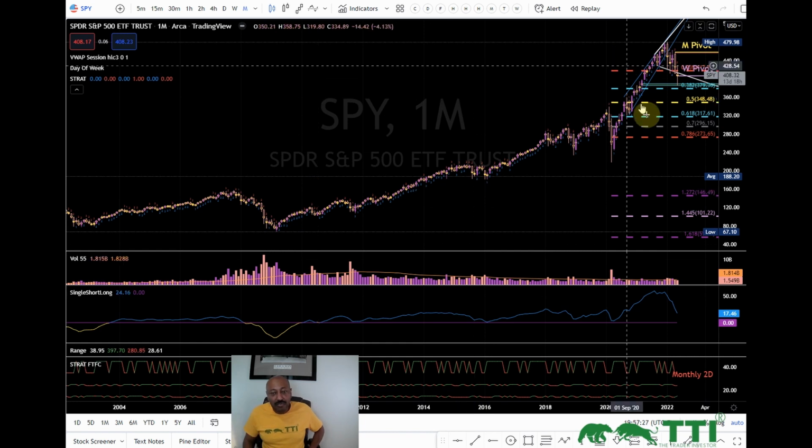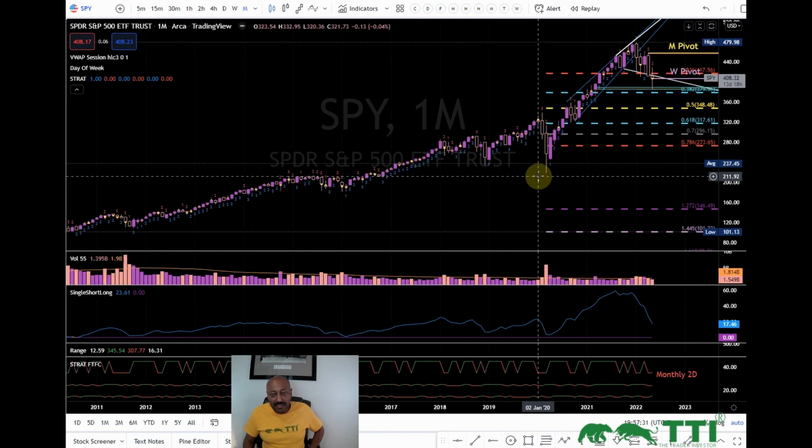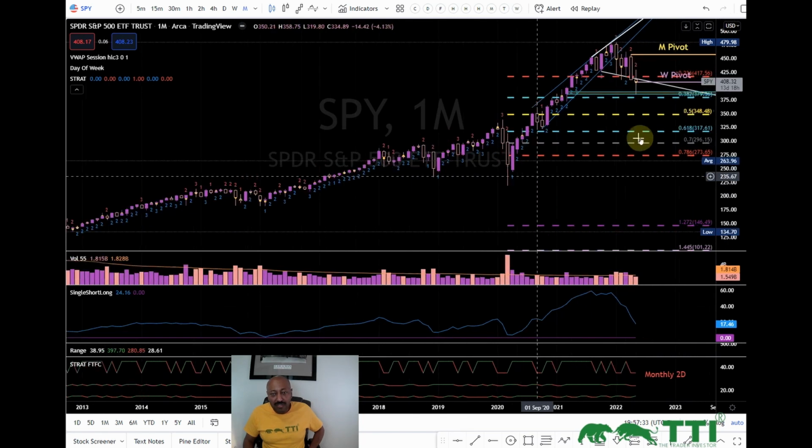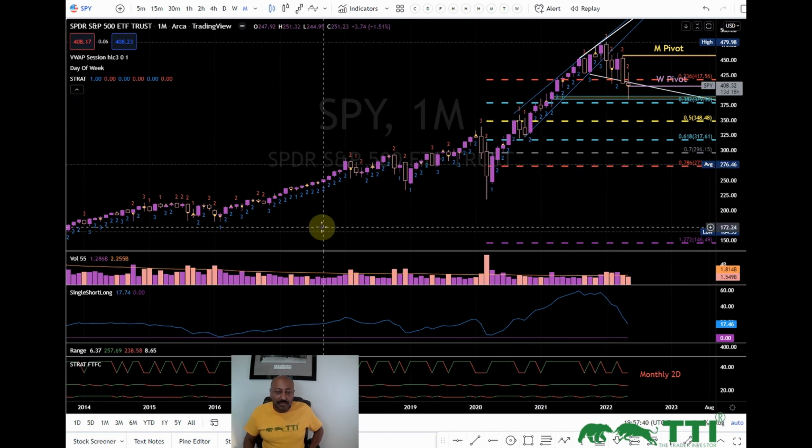Like these dotted lines that you see, these are other things I use to help me find entries and exits a little bit easier than having to draw those lines. That's the Fibonacci. But for now it's your structure and support and resistance.